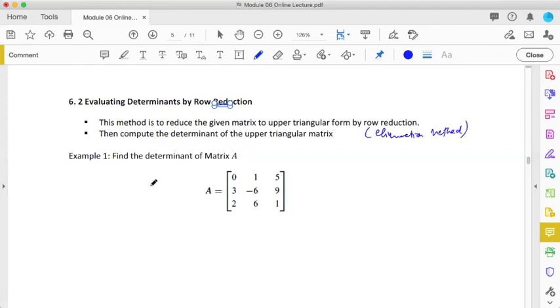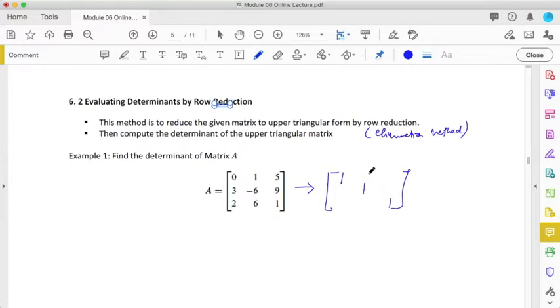So let's say we have this example 1 where we need to find the determinant of matrix A. So the goal of our solution is to reduce this matrix A to become an upper triangular matrix where the diagonal consists of 1, 1, 1, which is the identity.